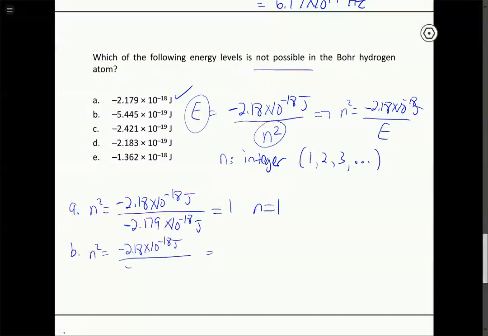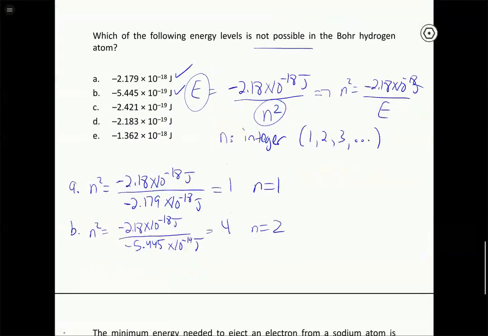So that goes on top, the given energy level goes on the bottom. Get the algebra right. And so when we divide these two, we get 4, we take the square root of 4, and n equals 2. So this one's also an allowed energy level. It's the second orbit, or second energy level.